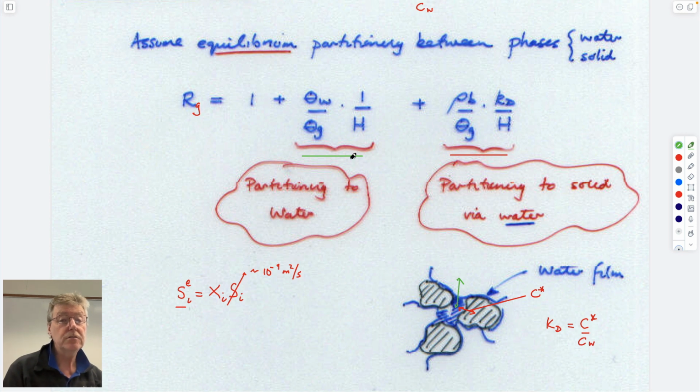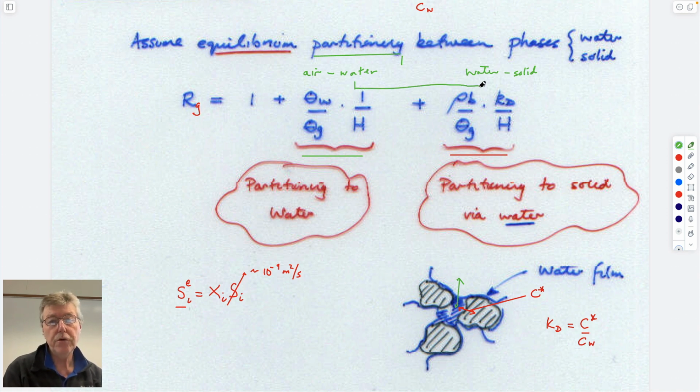And so these two terms effectively represent water-solid partitioning for the stuff dissolved in the water, and this is air-water partitioning. The common medium is the water. The water is what holds the defined solubility according to Raoult's law.